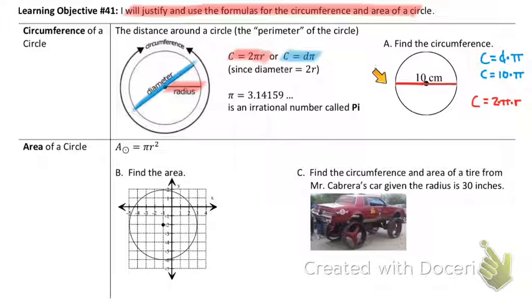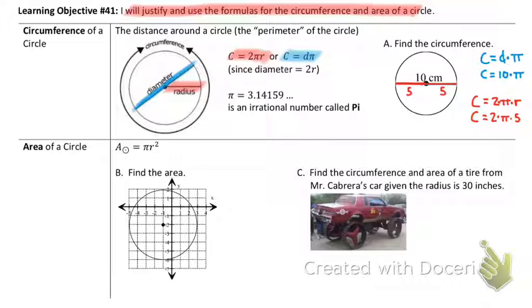So if the diameter is 10, that means each radius has to be 5. So I now know that my radius is 5, so I can go ahead and use this formula. So it's 2 times pi, and my radius is 5.